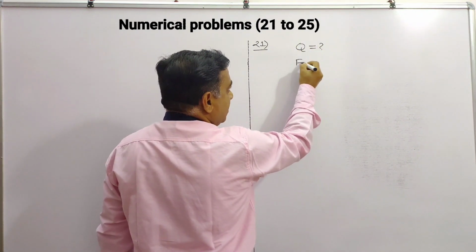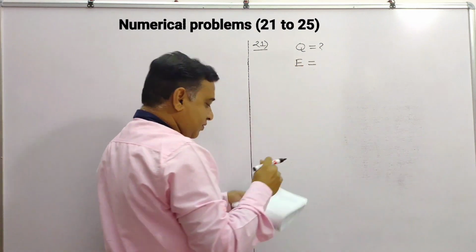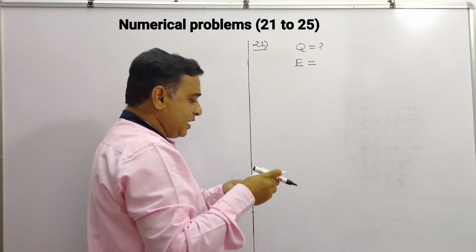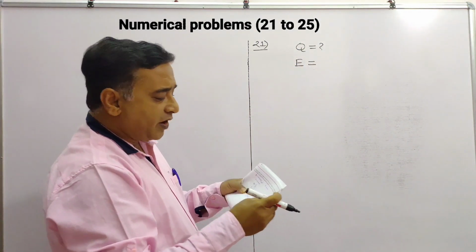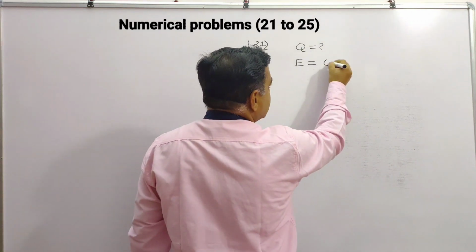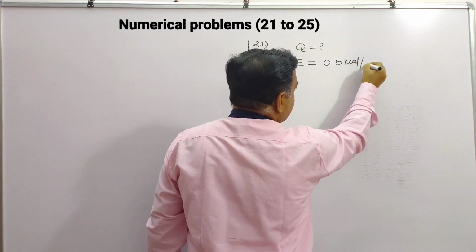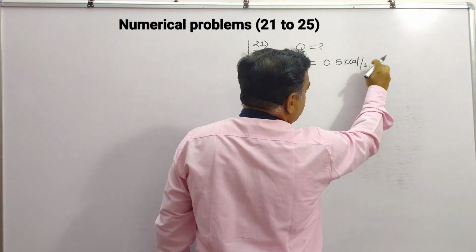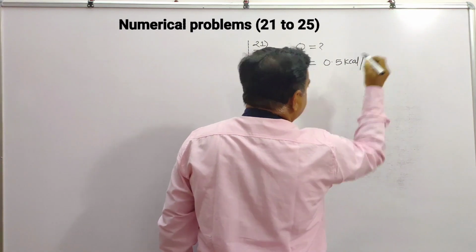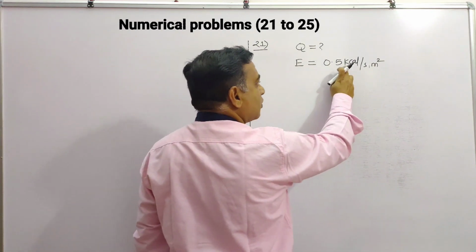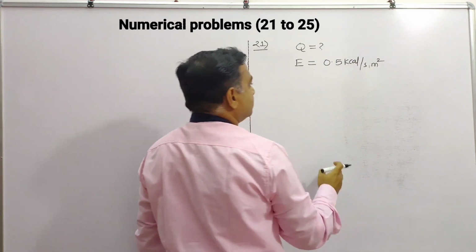E is given, and what is given we need to write. Here E is 0.5 kilocalorie per second per meter square.